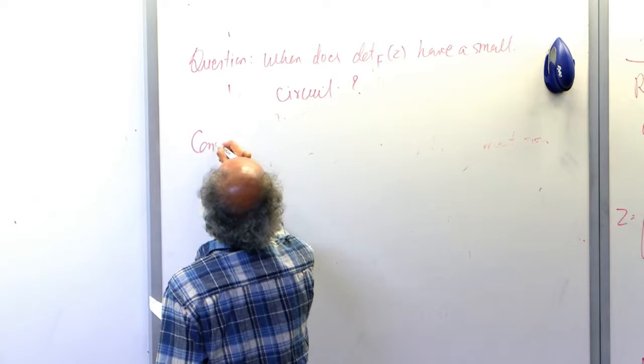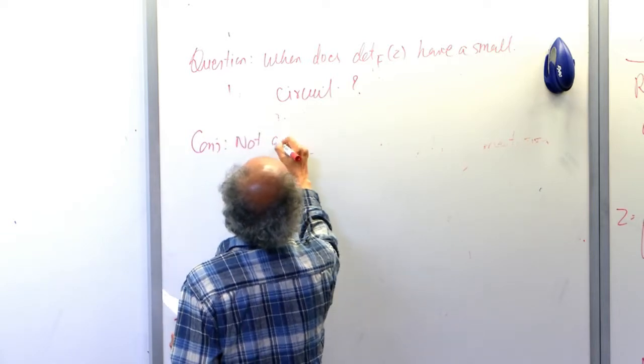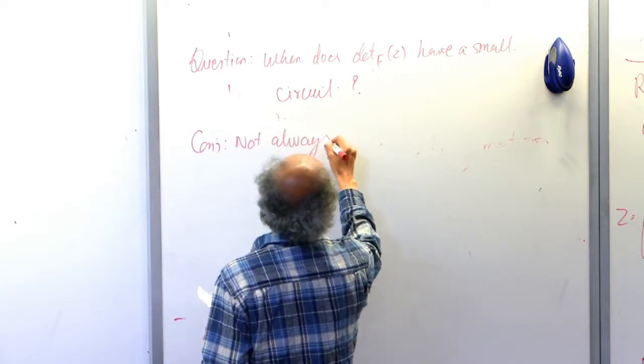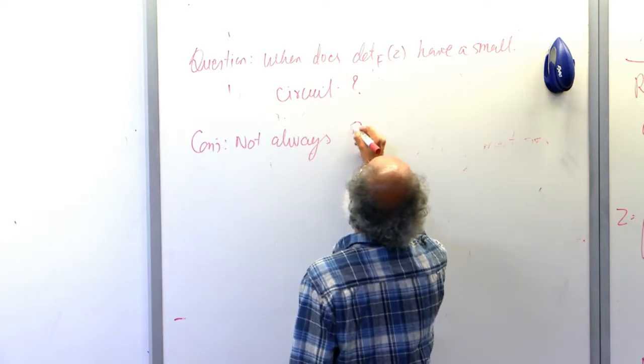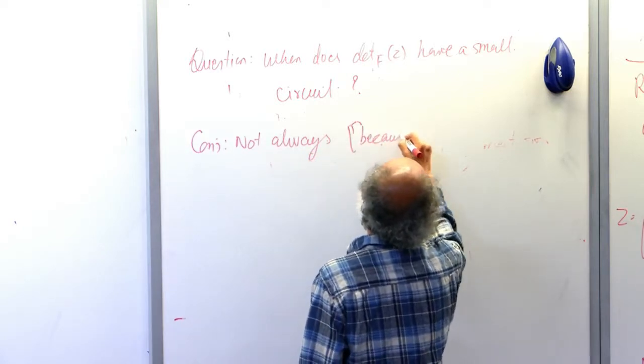And the conjecture was not always, and there was a complexity theoretic reason for that.